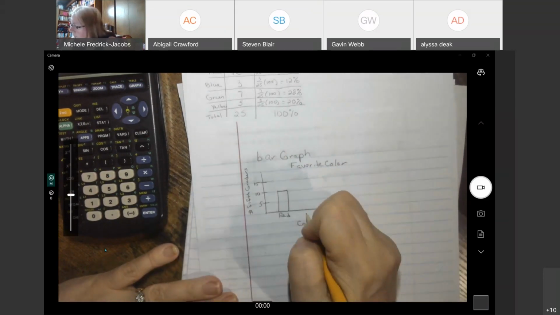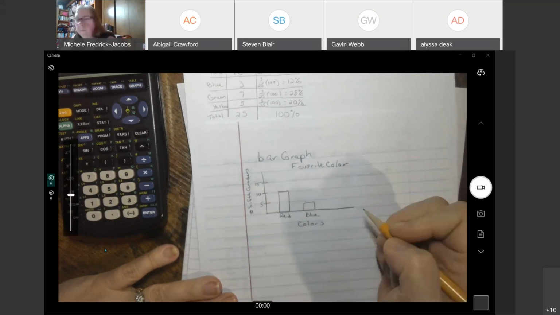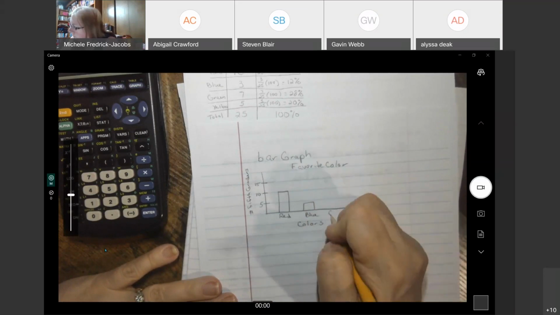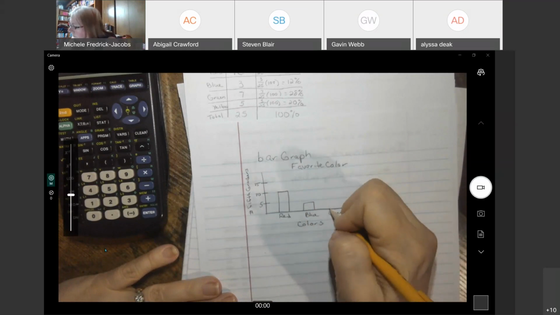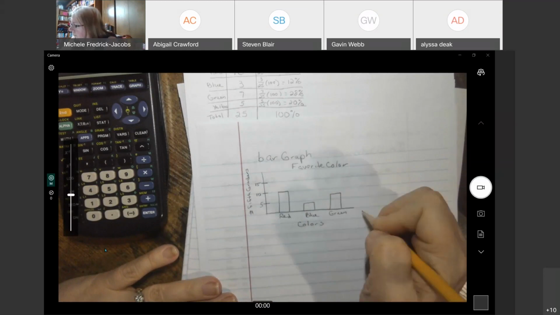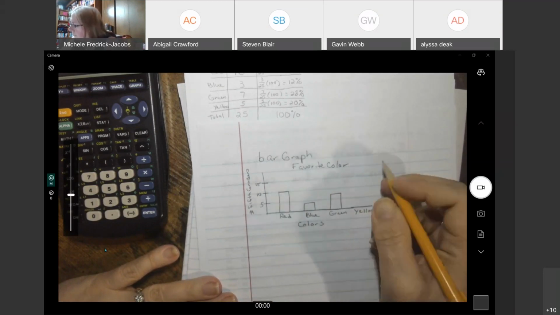Color was blue. Blue went up to 3. Green. Green was 7. And the last one, yellow was 5.